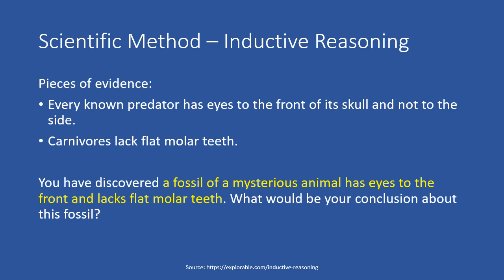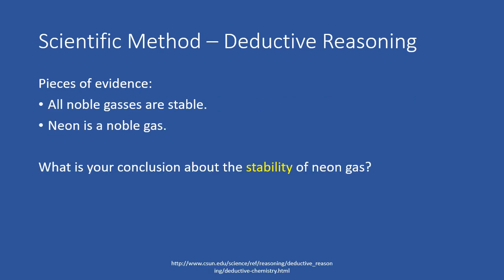Try to answer this question by selecting the appropriate option on the screen. Following the inductive reasoning, you would likely answer that the new fossil is likely that of a carnivorous predator. This is how inductive reasoning works, by developing generalizations, based on observation of a limited number of related events or experiences.